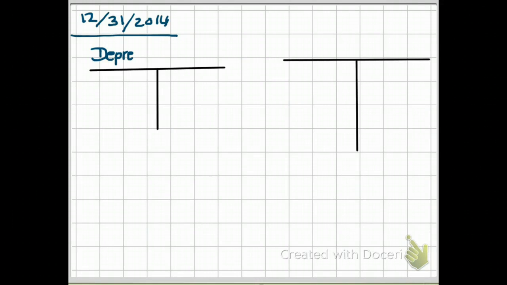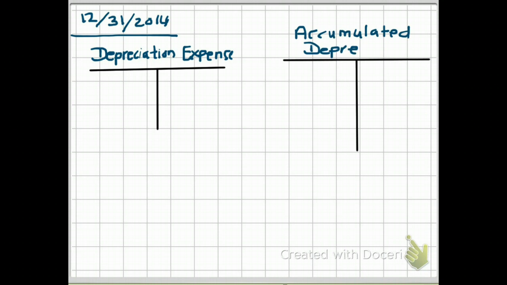Let's do the same thing for the third year that we have this equipment, which is December 31st, 2014. Again, you've got your two accounts, depreciation expense and accumulated depreciation. I said that the depreciation expense account does not have a balance, but your accumulated depreciation has a balance that you carried from your previous year of 600.